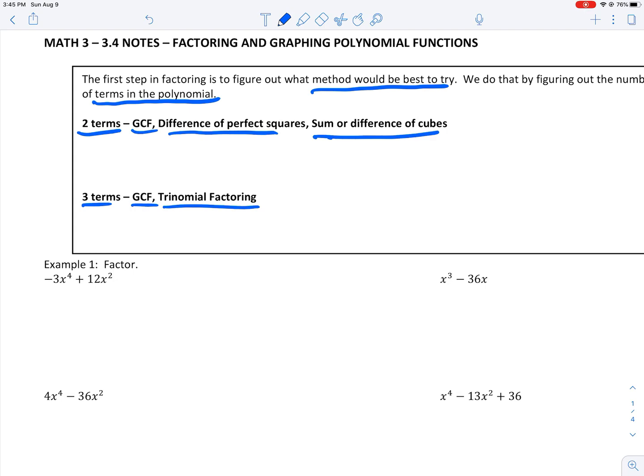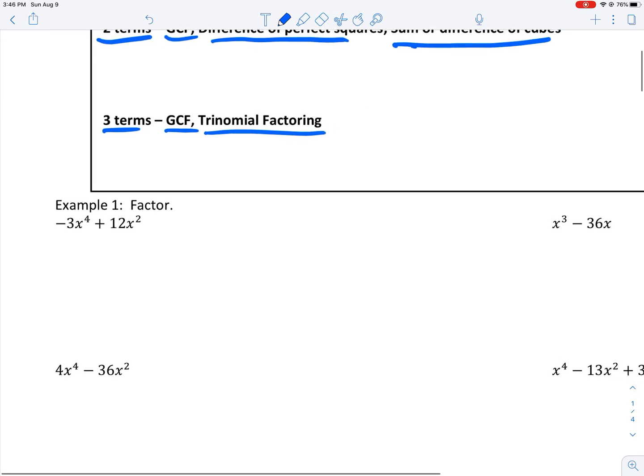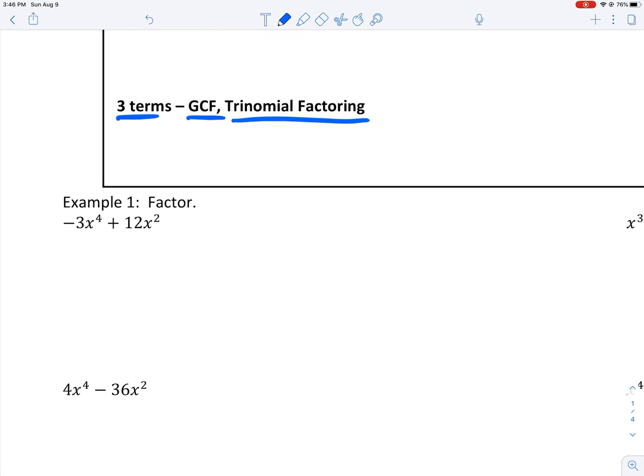So first one, example one, we want to factor it, right? So I see that it's two terms, 1, 2. So I'm thinking GCF because it's not a difference, maybe a potential cube, depending on what we factor out, but we'll see. So I see my GCF definitely can take out a -3 and an x squared, right?